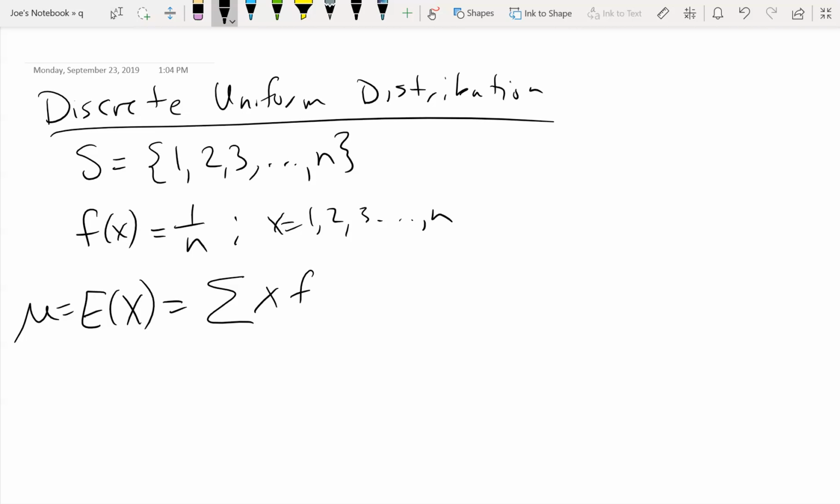It's the sum of x times f of x for all x in the sample space, right? And in this case, our sample space is 1 through n, and our f of x is 1 over n.